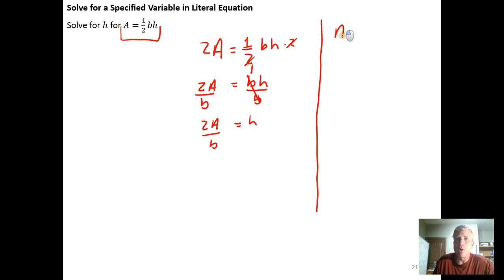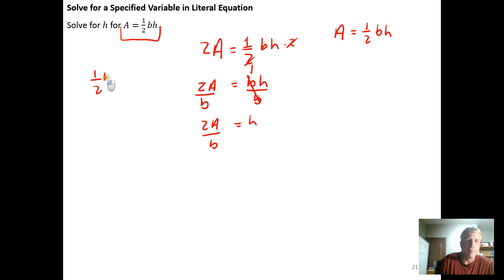The other way that we could have approached this, we could have said area equals 1/2 b times h, and we could have gotten the h directly by recognizing that 1/2 b is really just b over 2, and we know that if we multiply something by its reciprocal, so if we multiply b over 2, for example, by 2 over b, when we take the product of reciprocals, it equals 1 always, because the 2's give us a 1, and b divided by b gives us a 1, and we get 1 times 1 is just 1.